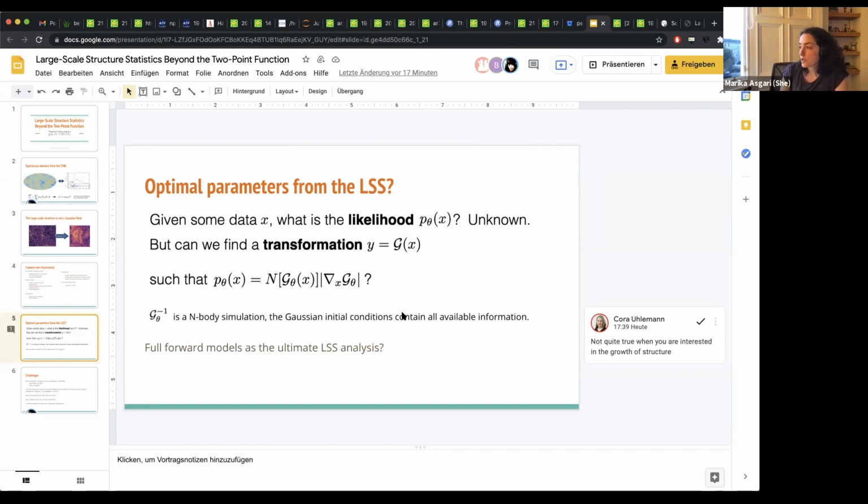You have to make a lot of assumptions to basically get that. And I think that's why Cora was saying you can't get all the information, because if you make an assumption for the growth of structure, then yes, you have all the information, but maybe that's the information you want to get from the data, and then you don't have it. So that's why I'm saying you have to think of what the aim is here. What do we want to get out of it before continuing?